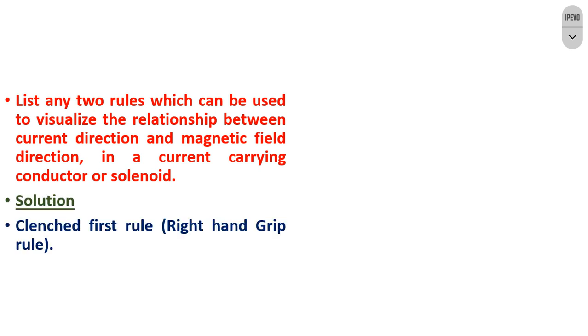The solution here is the clenched fist rule. If you don't call it the clenched fist rule, you call it the right hand grip rule. And the second one is the corkscrew rule.